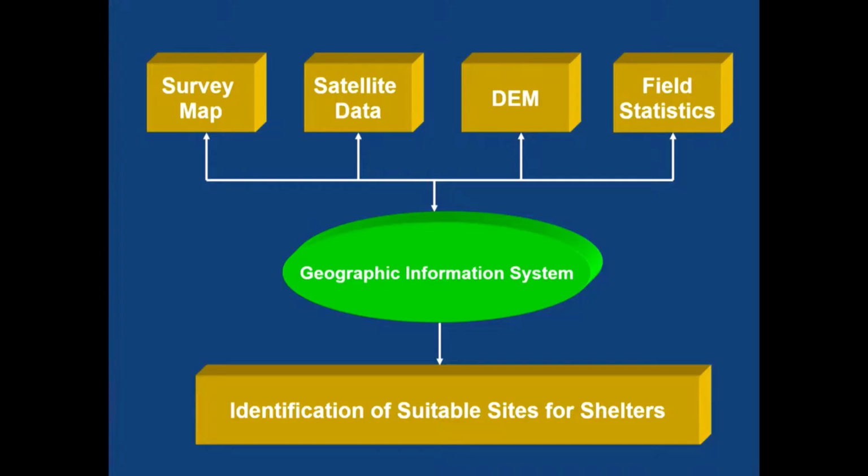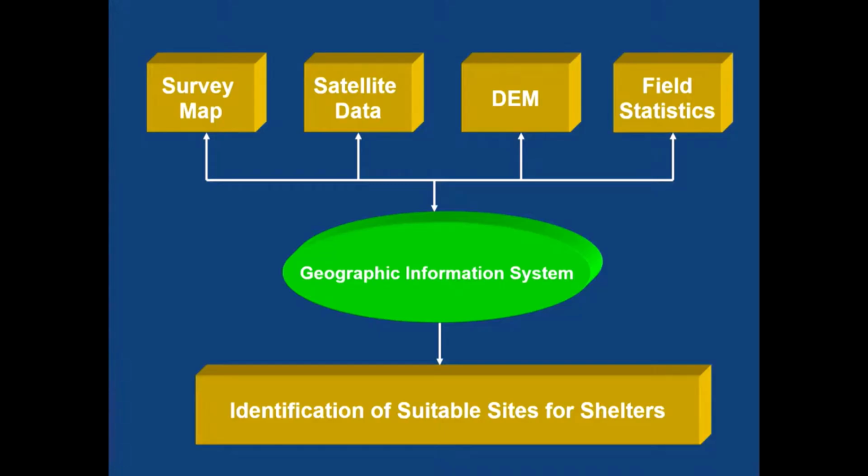So you have to take a survey map, or you can take the satellite data. The survey maps will give you the detailed past data, and satellite data will give you the present situation data and new streams, etc., and a digital elevation model will give you the height information around the coastal region.